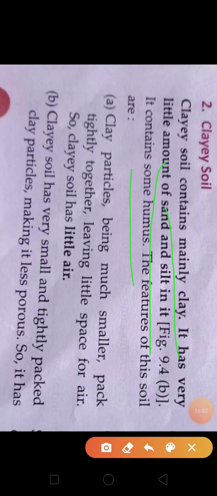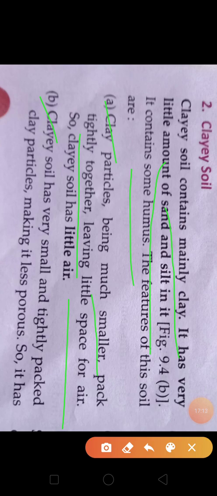The features are these. Clay particles are much smaller, packed tightly together, and leave little space for air. Okay, there is little space for air, so we can say that the clay soil has little air.